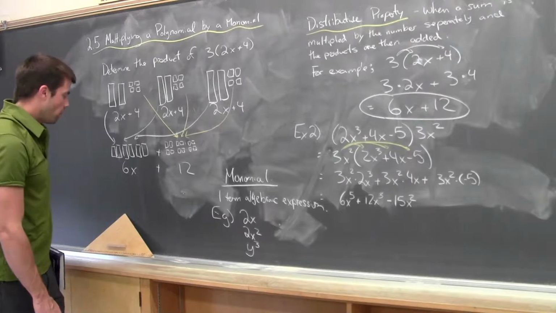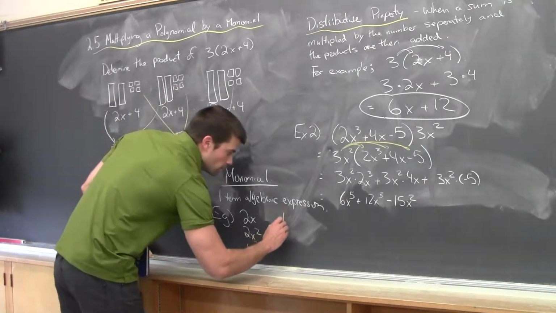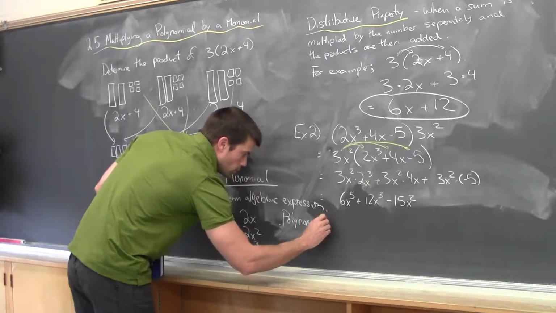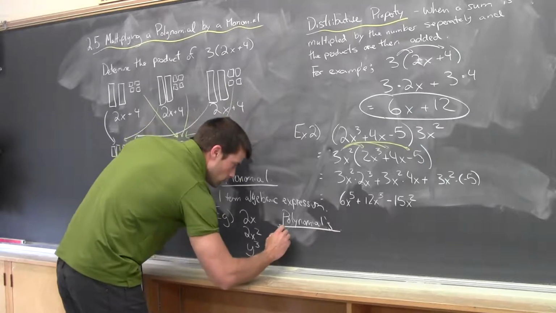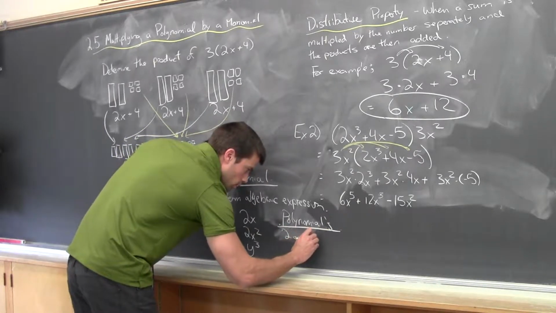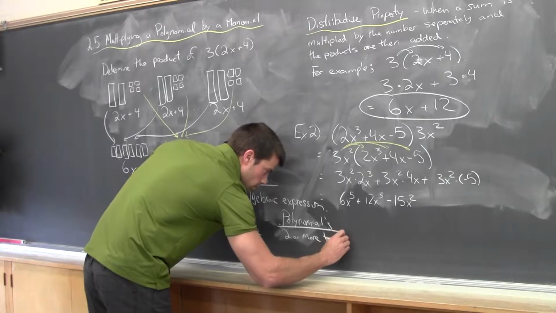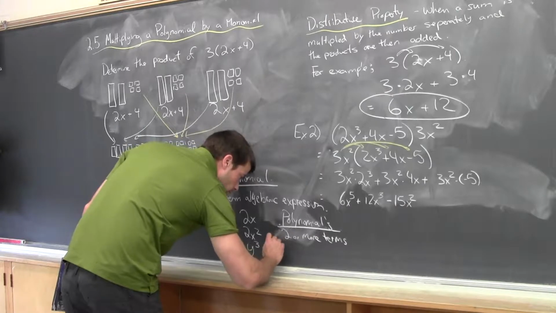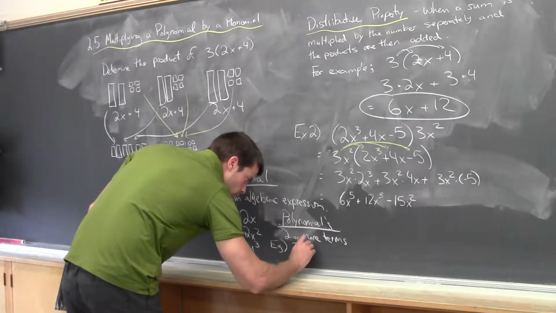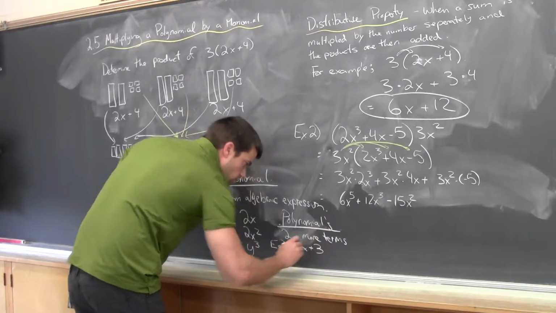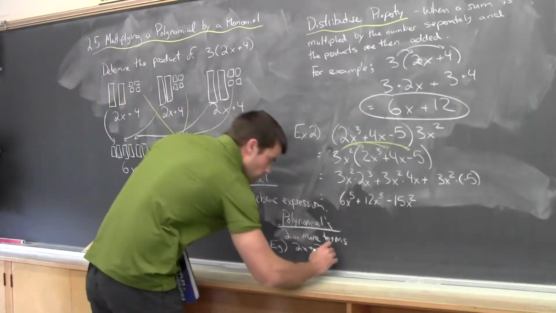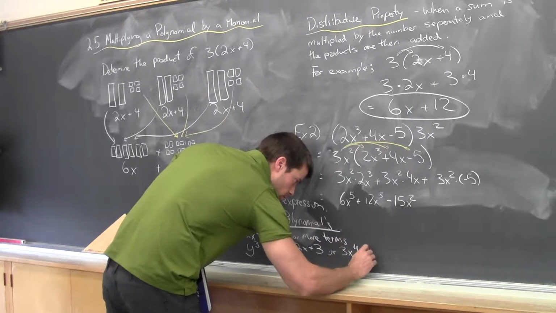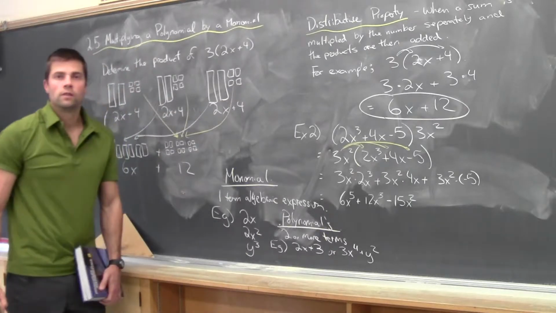When we get into polynomials, put right underneath here, polynomials. So it's two or more terms in an algebraic expression. Okay, so an example of polynomials would be 2x plus 3, or 3x to the power of 4 plus y squared. Okay, you see the pattern?